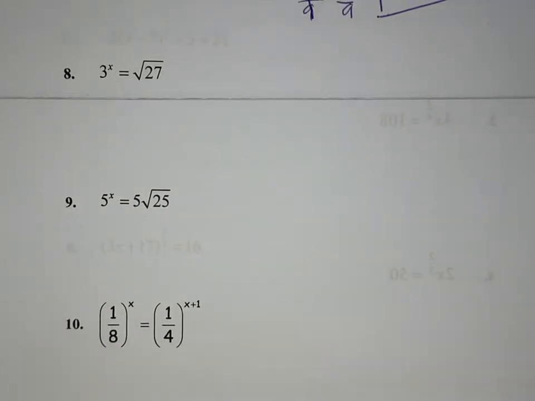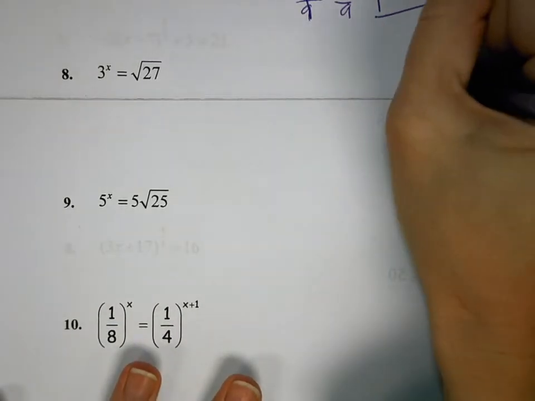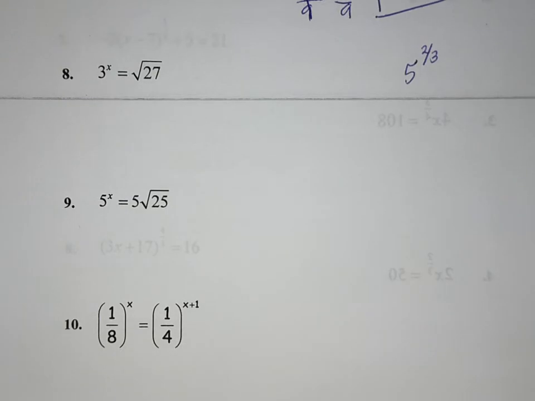Before I start this problem, I want to go backwards. Let's say I had the problem 5 to the 2/3 power. Do you guys remember how to write that in root form?